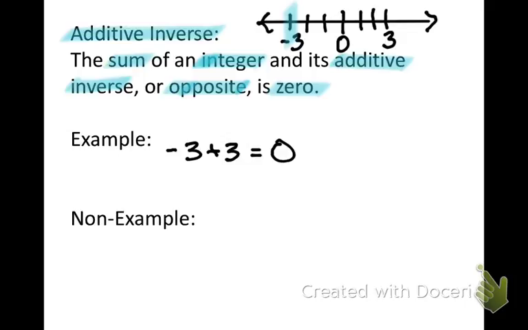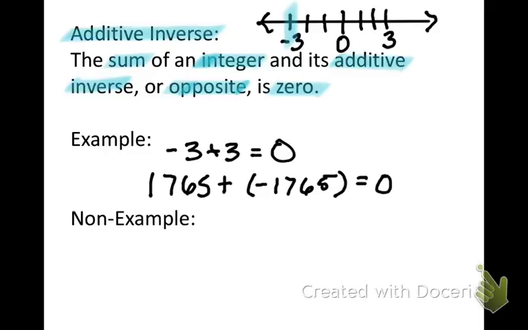That's true every single time you have a number and its additive inverse or opposite. They cancel each other out and they end up at 0. So the other number I had on there was 1,765 plus negative 1,765. Those are the same numbers, except this one has the negative symbol on it. So I know without having to do any math that it is always going to be 0. This is always true if the numbers are the same but on opposite sides of 0.